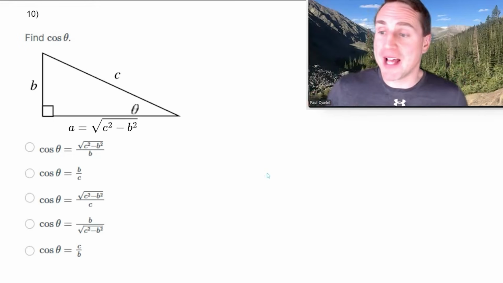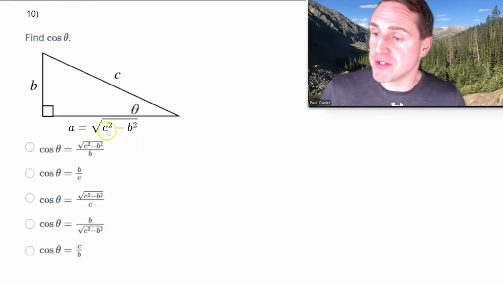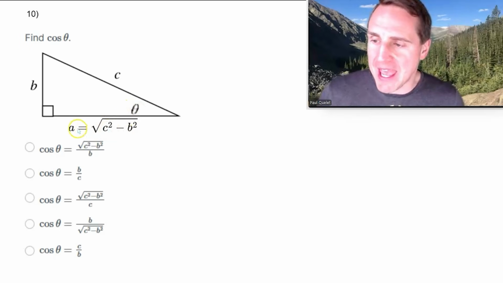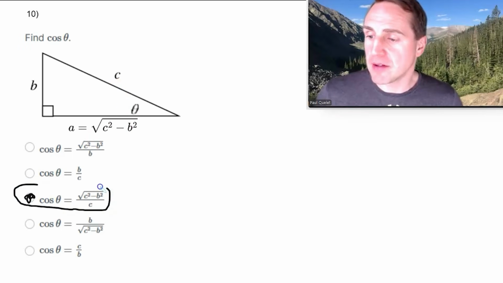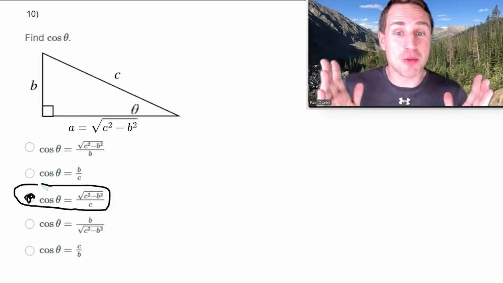So what you might call side a is going to be the square root of c squared minus b squared. And notice when we express the cosine, it's going to be this side, which is a, the adjacent, over the hypotenuse, which is c. So it's going to be the square root of c squared minus b squared over c. And that's going to be this third choice. So that's going to be our correct answer. That's all we need to do for number 10.